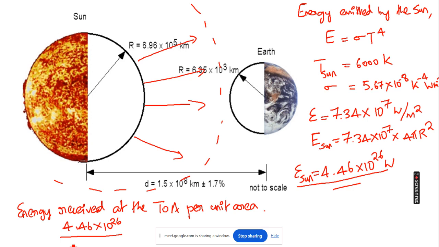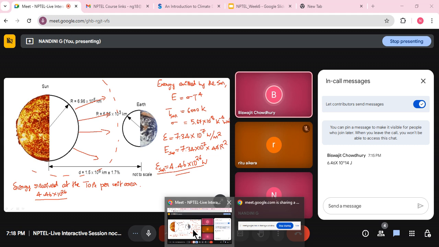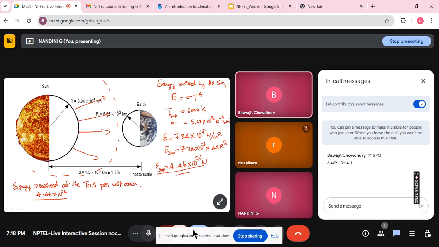So now we are considering what is reaching the top of the atmosphere or surface of the earth.